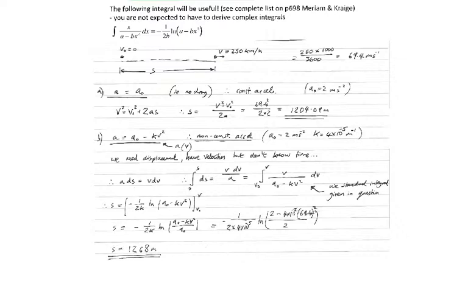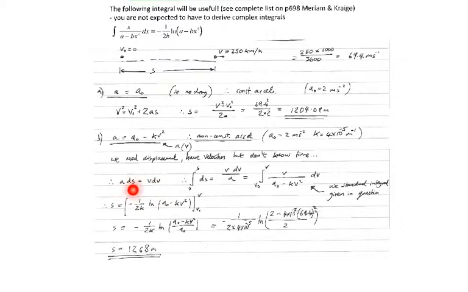It's the one you get by combining the two root ones, so you get a times ds is equal to v times dv. And you know that this is the one you want because time is not required in this question. So once you've decided that this is the equation you're going to use, and you should always think of this if you've got a non-constant acceleration, then you can just simply start to substitute in the functional form of acceleration.